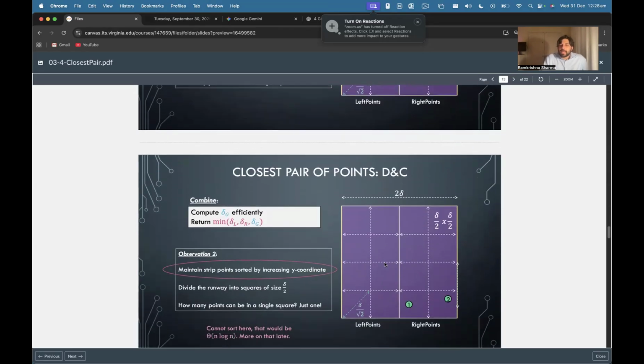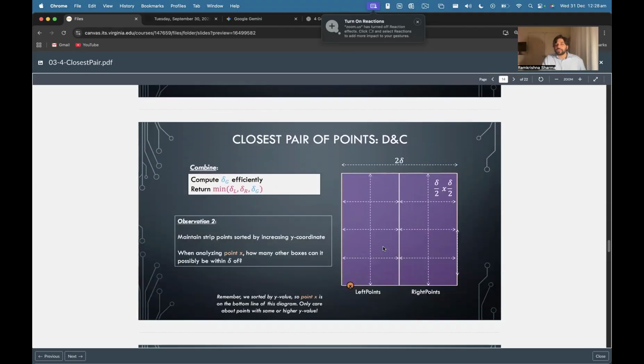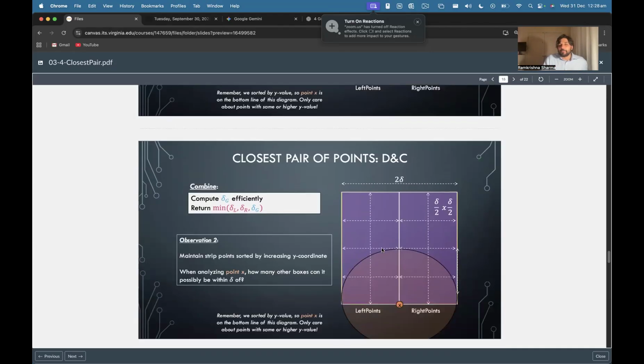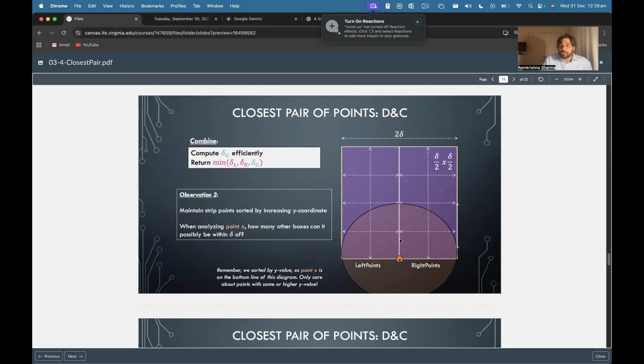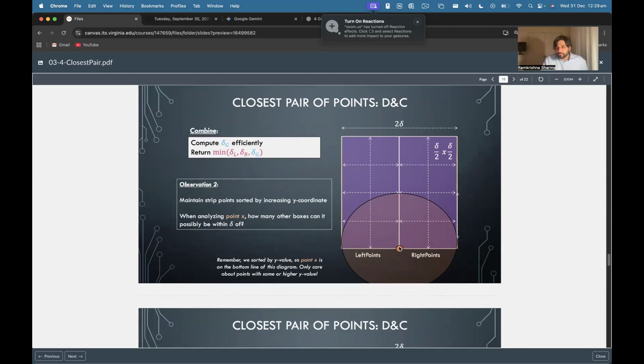And we said that's actually helpful because if you sort everything by y coordinate and you knew for a fact that you could only have 1 point per box, and that 2 delta is your width span and delta is your vertical span, because if you were more than delta, then you wouldn't be a straddling pair that would work, you knew that each of these boxes has 1 point in it, and I'm constrained in how many boxes my search space is.